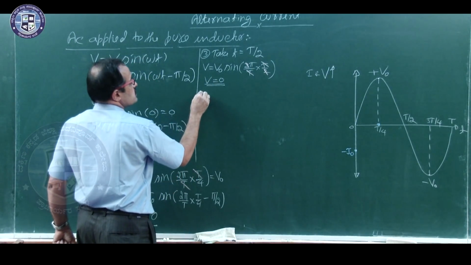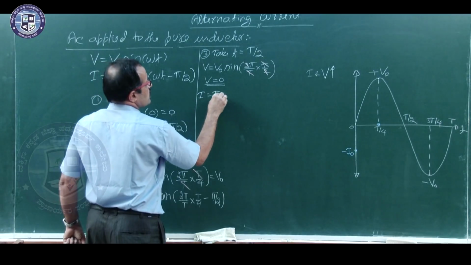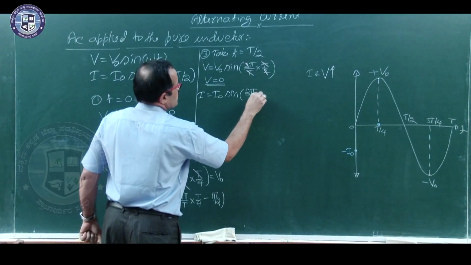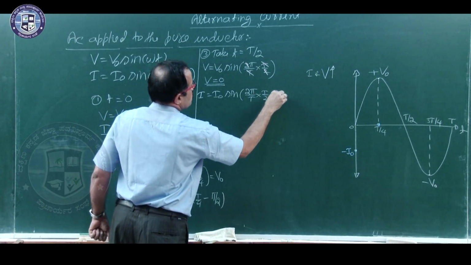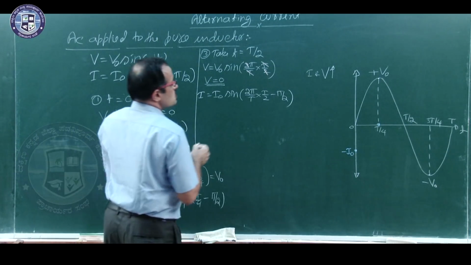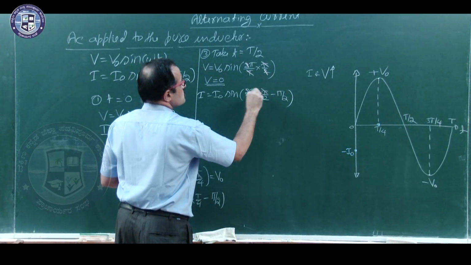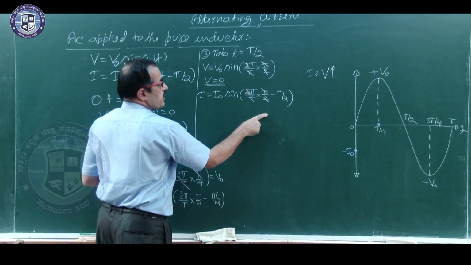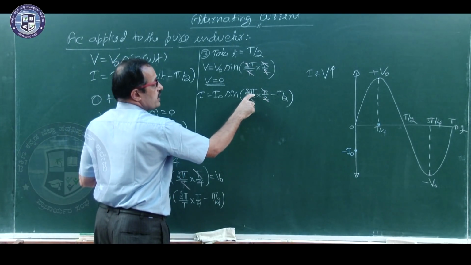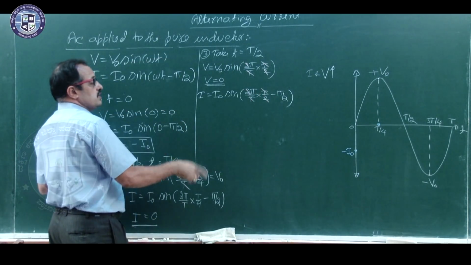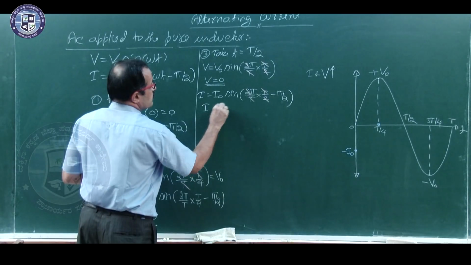And what about current? I is equal to I naught sin 2 pi by T into T by 2 minus pi by 2. So, T cancels out, 2 cancels out, it is pi minus pi by 2. Pi means 180 degree, 180 degree minus 90 degree, sin 90 is 1, therefore, I is equal to I naught.